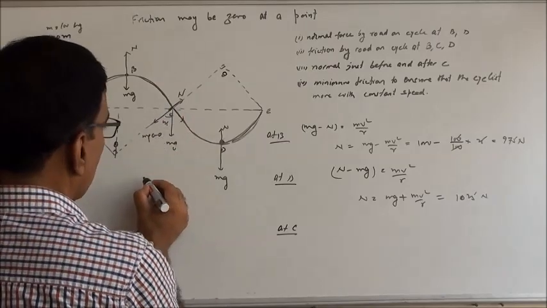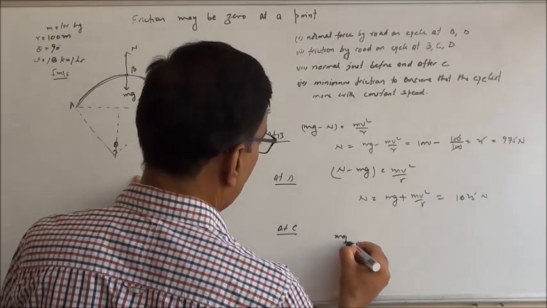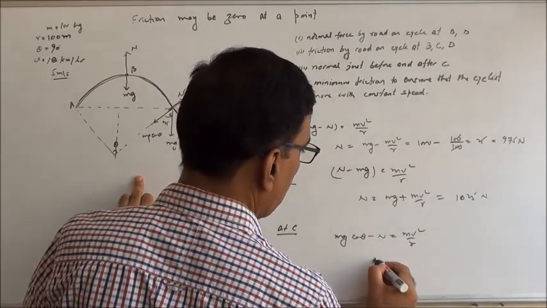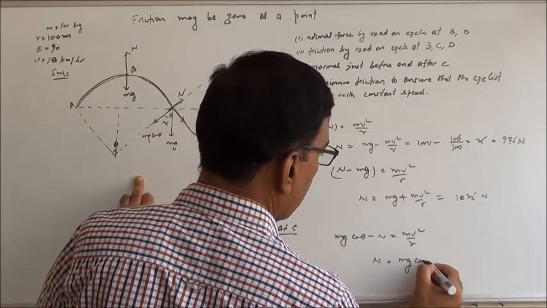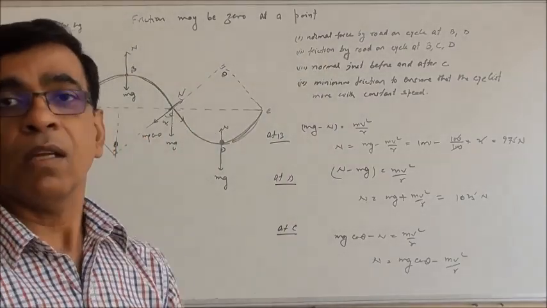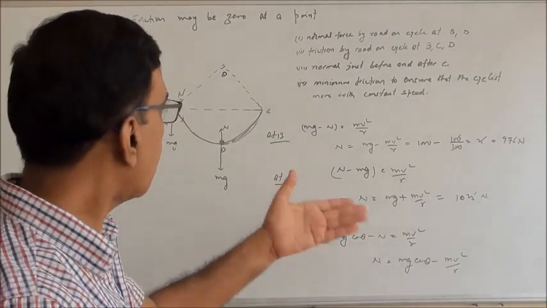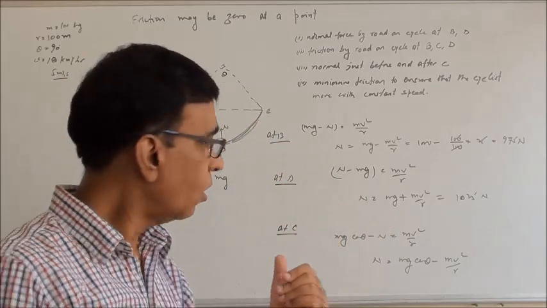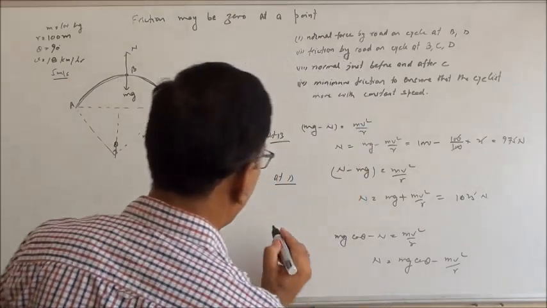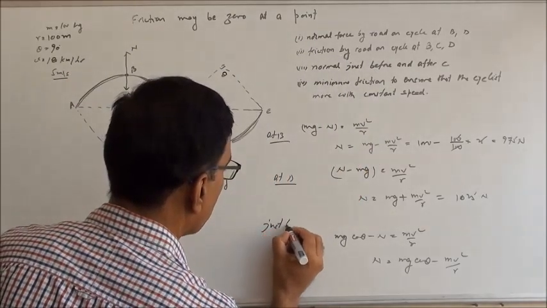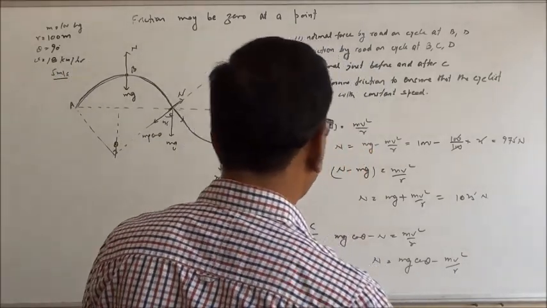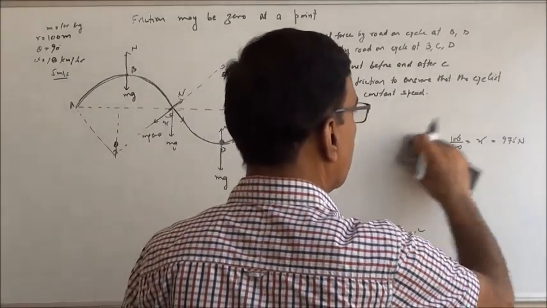So the equation now will be mg cos theta minus N is equal to mv square by r. So N is mg cos theta minus mv square by r. This is just before C. Just after C the situation will be different. What will be the difference? Let me write it, just before C. And now let me see what is happening just after C when it crosses this.